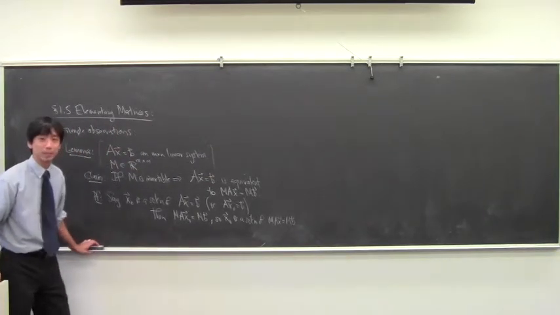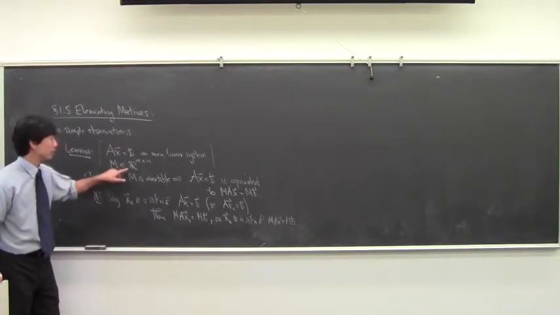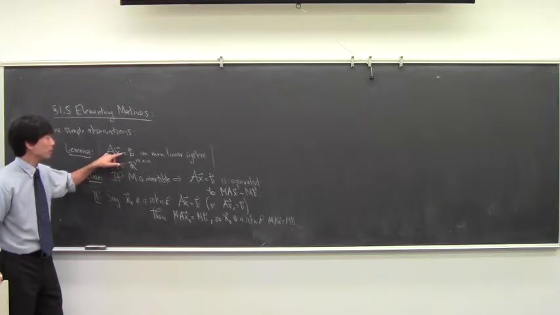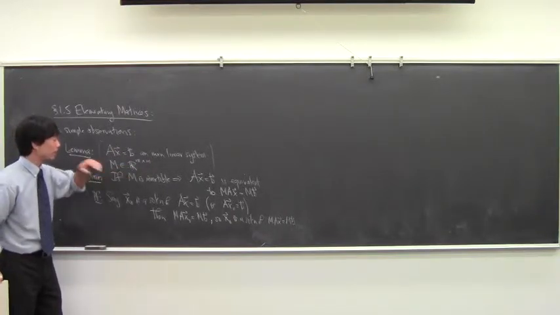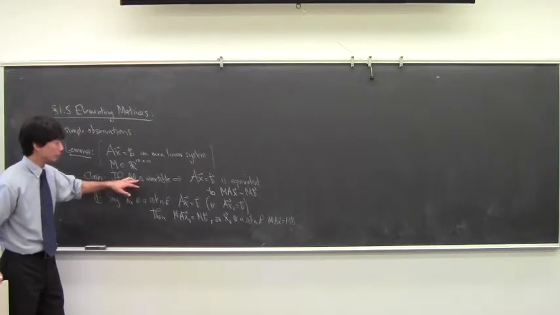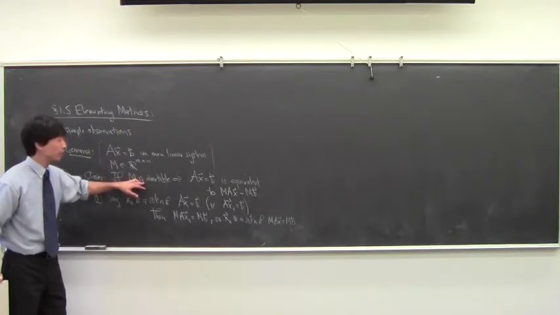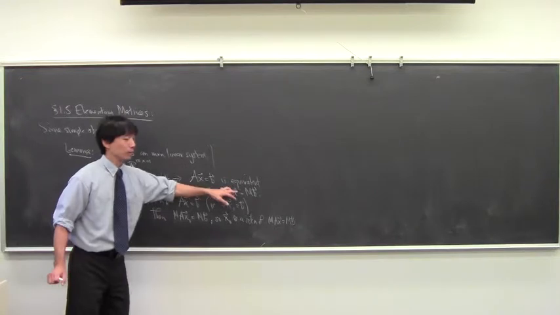Yeah, Mia. What is M? M is just some matrix. So you have a system and you have some matrix. If the matrix is invertible, then this system is equivalent to this system.